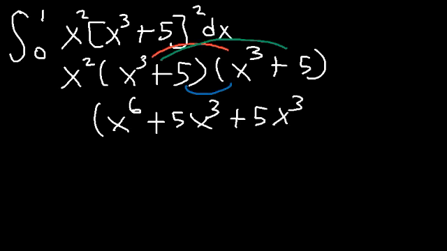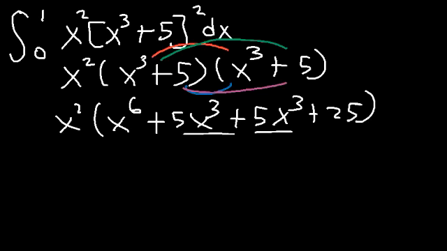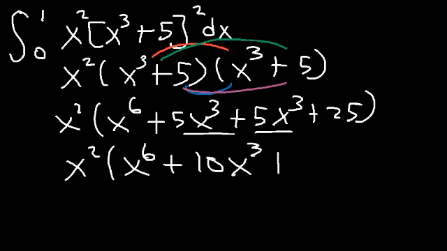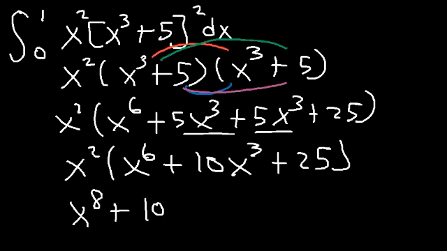And then finally, 5 times 5 is 25. Now let's combine like terms. So 5 plus 5 is 10. Next, let's distribute the x squared to every term that we have on the inside. So this is going to be x to the 8 plus 10x to the 5th power plus 25x squared.